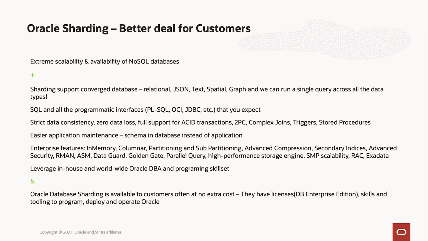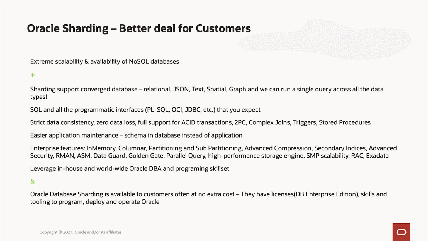With sharding and the power of relational databases, the schema is maintained inside the database instead of the application, because with a lot of NoSQL databases where the core database features are missing, what ends up happening is that we end up implementing logic in our applications to compensate for the lack of those features. So here we can leverage all the key capabilities in the database itself.